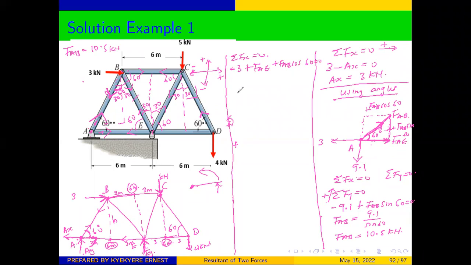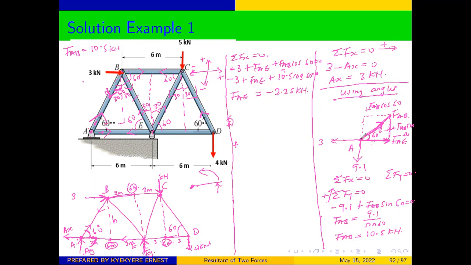Substituting the value of FAB, we have negative 3 plus FAE plus 10.5 cos 60 equals 0. Changing the subject and calculating FAE, we get the value of FAE to be negative 2.25 kilonewtons.